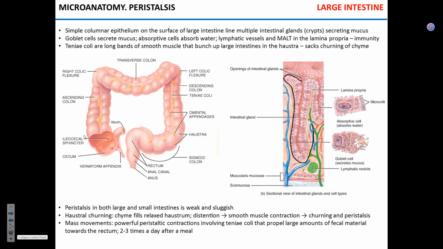that produce mucus. Mucus in this case serves mostly for the lubrication of what is becoming feces. Absorptive cells in the large intestine are mostly responsible for the absorption of water, and that's pretty much it.